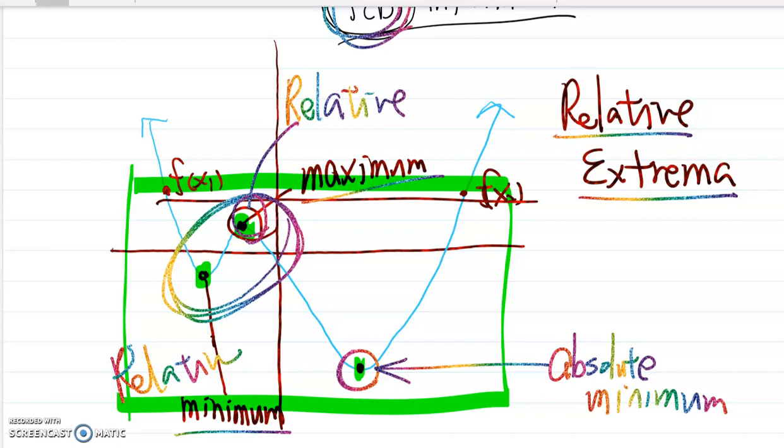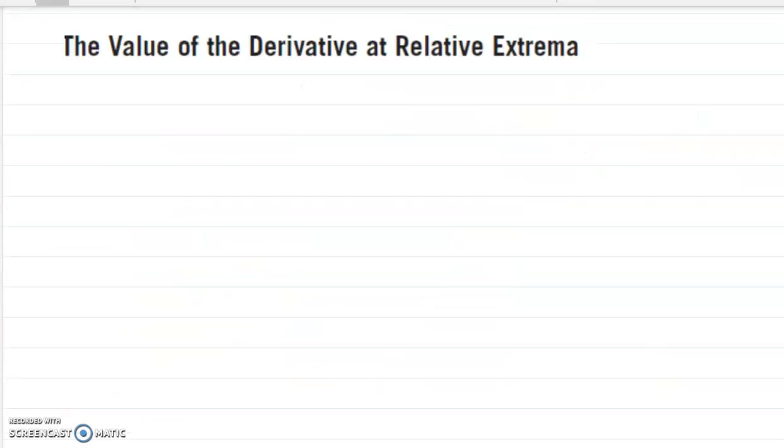Okay, so the value of the derivative at the relative extrema. How do we determine where the relative minimums or maximums are located? If a graph is given, that's easier to define. But what if not? So look at this example.